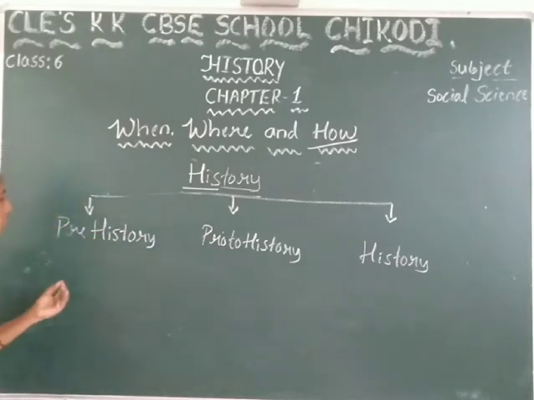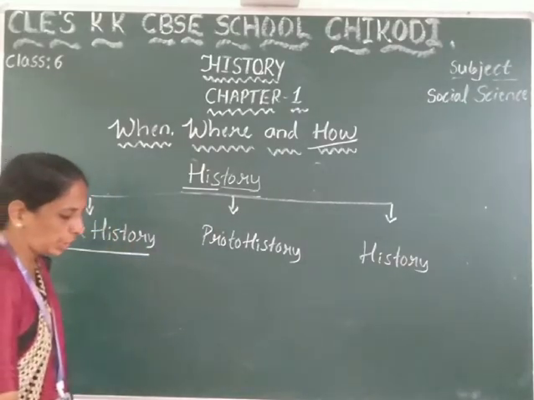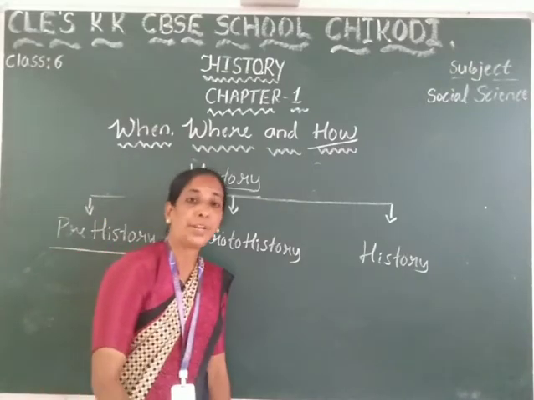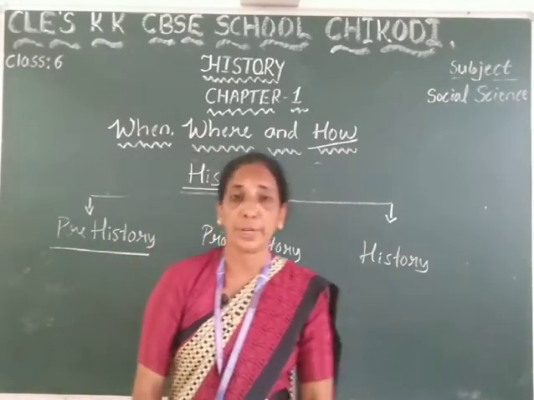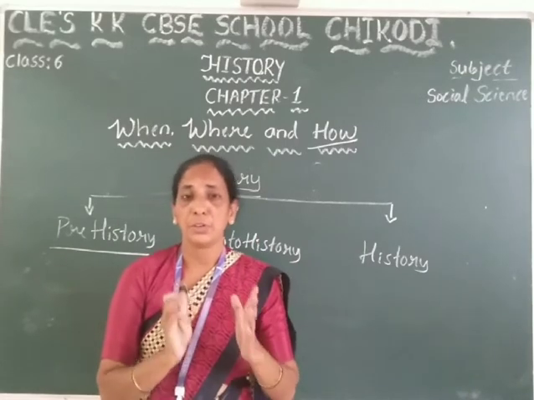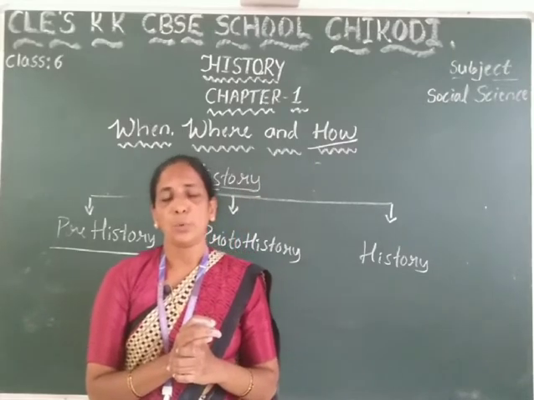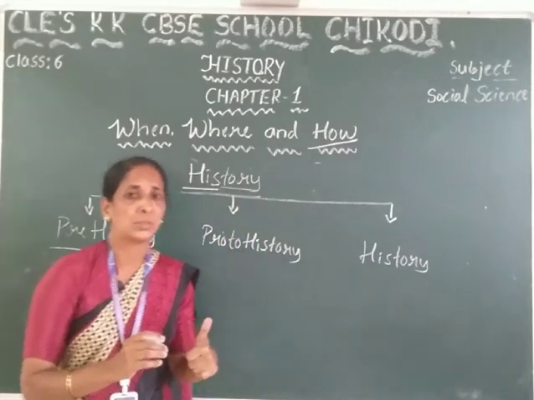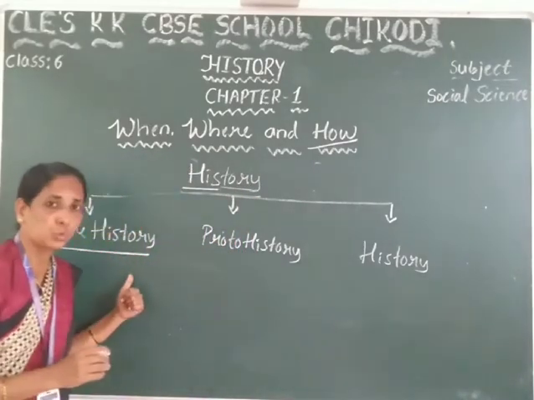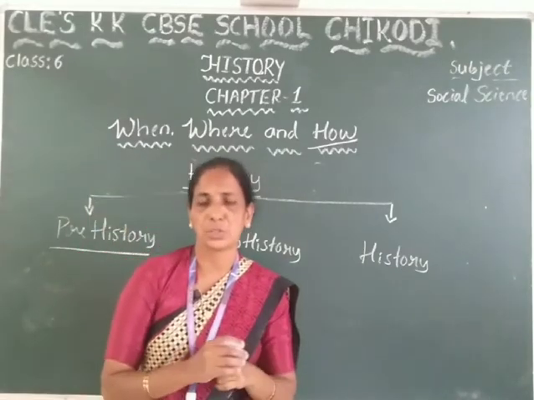And first one you see here, prehistory. In prehistory, we have seen some hunter-gatherers. Hunter-gatherers, they are early men. So early men, they are searching for food, they move from one place to another place.